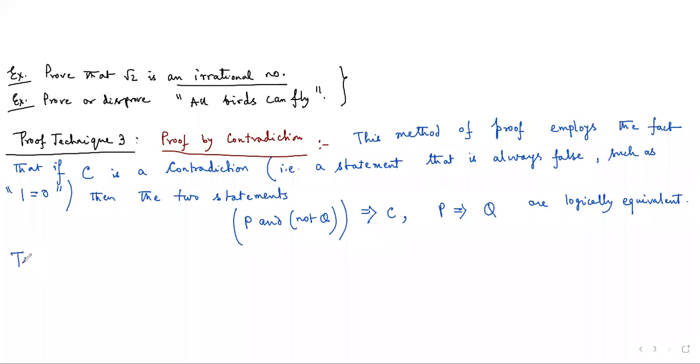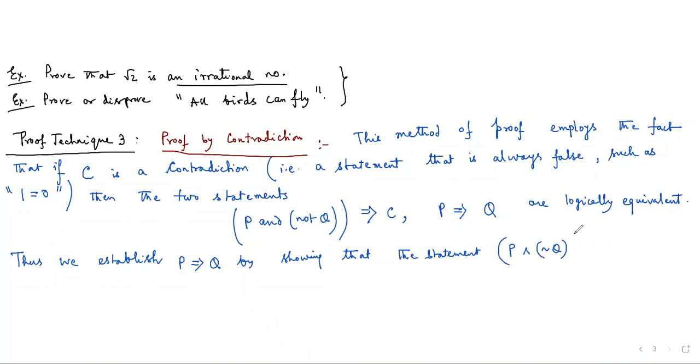Thus, we establish P implies Q by showing that the statement P and not Q implies a contradiction.